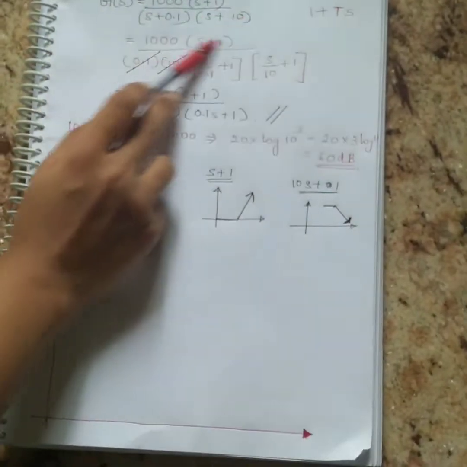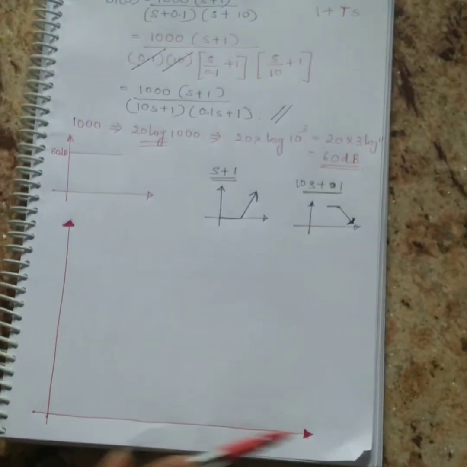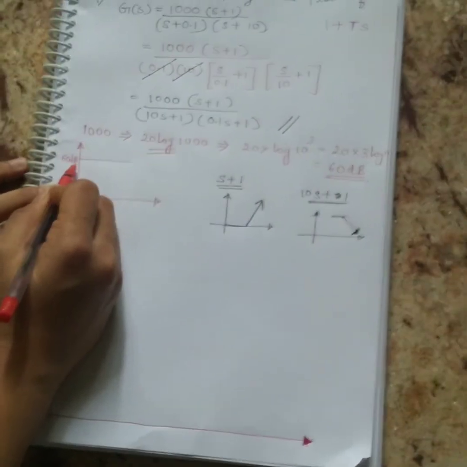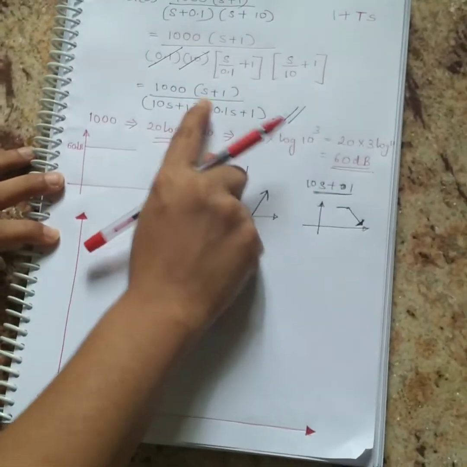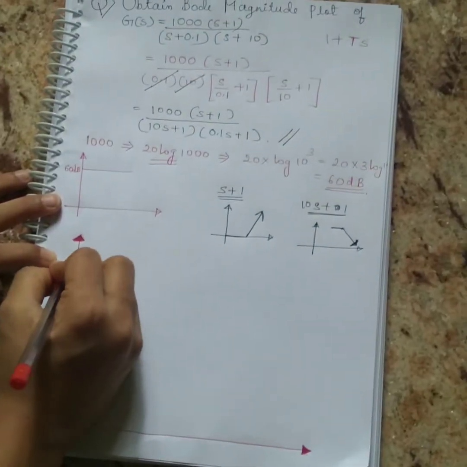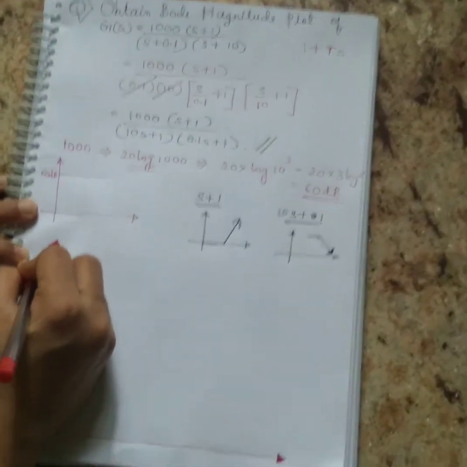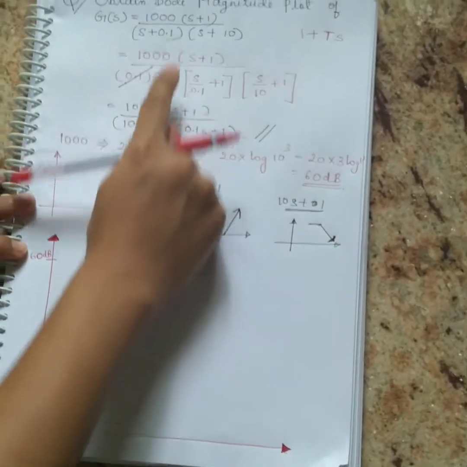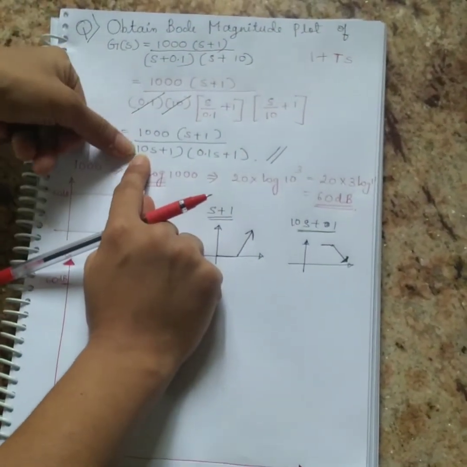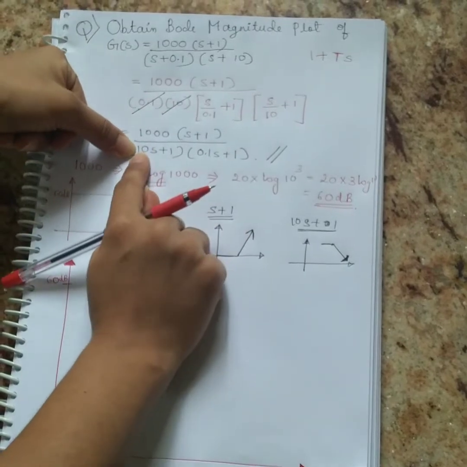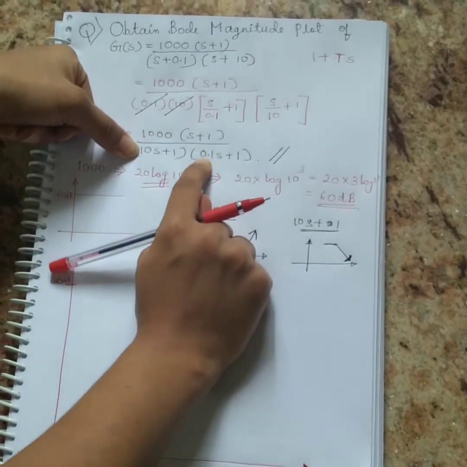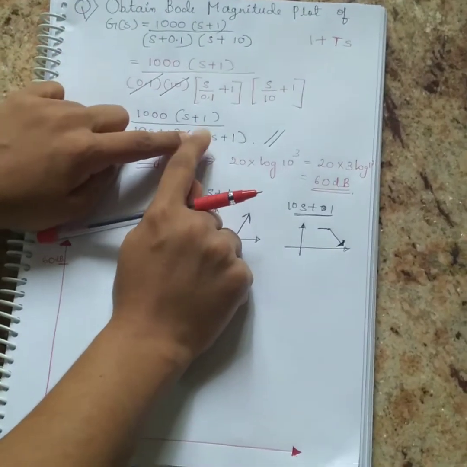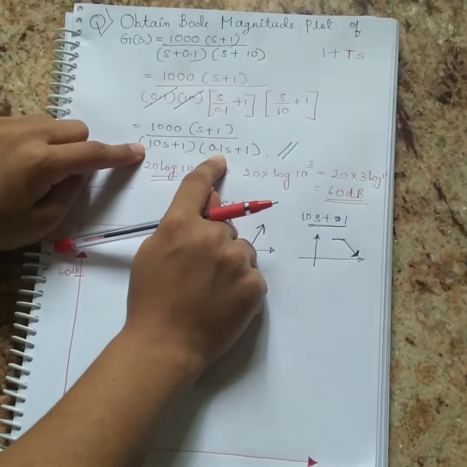Now I'm just plotting the entire thing on the XY axis. It will start from 60 decibels because 1000 I have converted into 60. Now there's a pole at 10 and there is also a pole at 0.1. So at 0.1 there is one pole, at 1 there is one zero, and at 10 there is one pole.